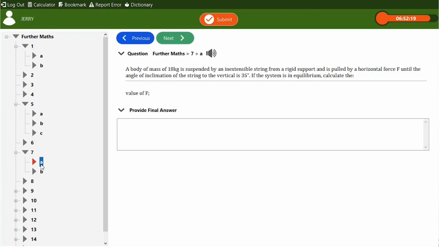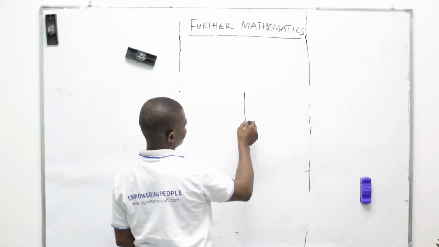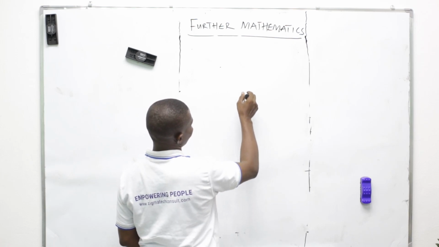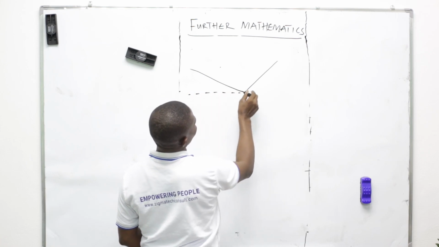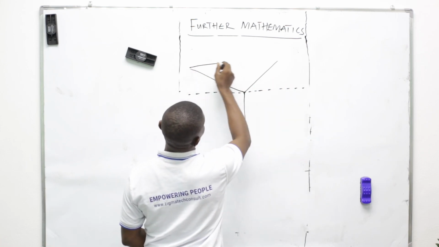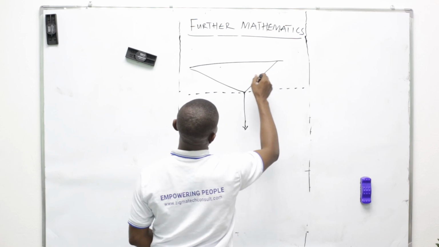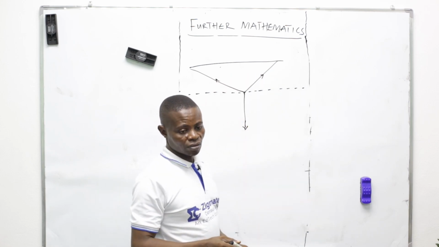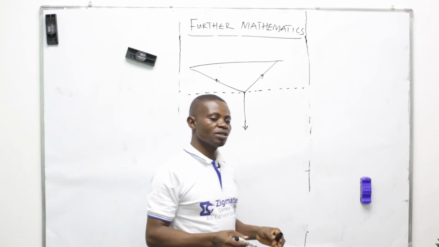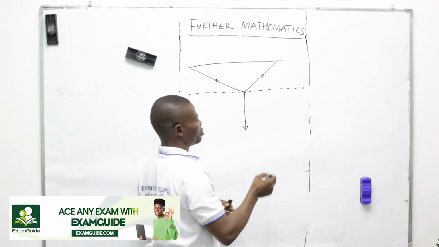Okay, remember your physics. If I have a support, a load, and a string, this is on the vertical.